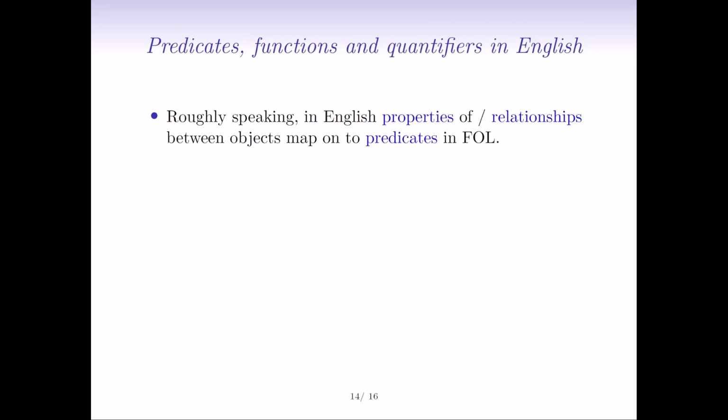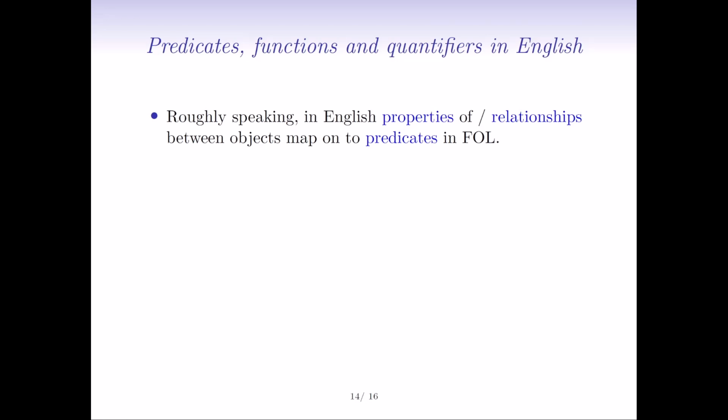So by a predicate in English, I mean a word that describes a property of objects or a relationship between objects. So for example, if I say, my car is red, then the property of being red is a standard kind of thing that you would render as a predicate symbol.